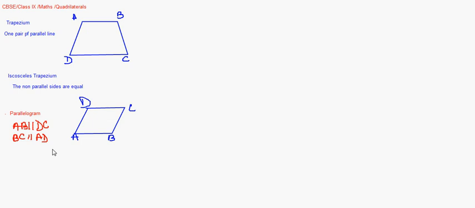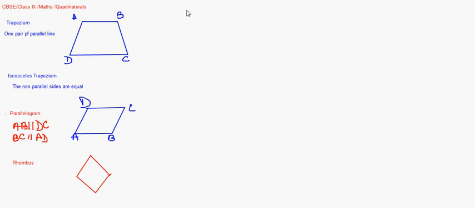Okay. Then comes a rhombus. The basic property is all the four sides are equal. I hope it looks like one.